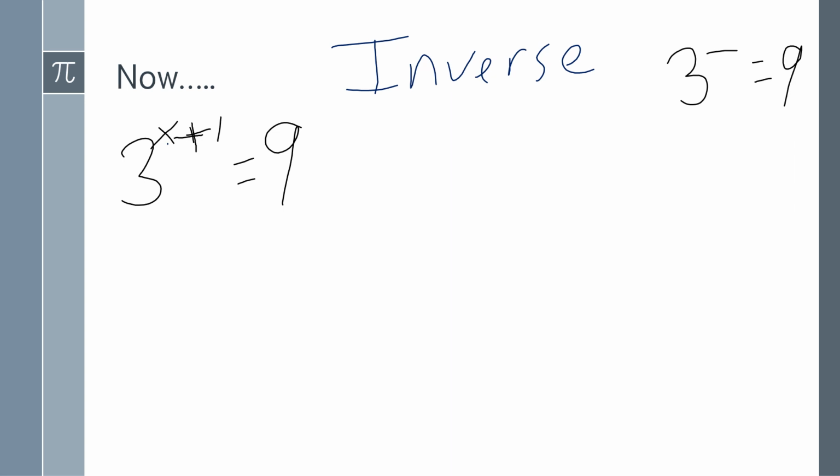And what we just did is called a logarithm. A logarithm is the opposite. It's pretty much just saying the answer right here for this problem: 3 to what power gives me 9? And the answer is 2.